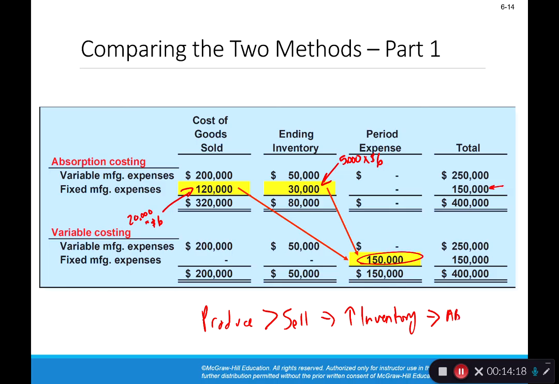So when this happens, absorption NOI will always be higher than variable NOI. Whenever production is greater than sales, inventory goes up, which means some of the fixed overhead gets stuck in the inventory and therefore is an asset, not an expense. And that's why absorption NOI would be greater than variable. We'll see in a little bit that when production is less than sales, the opposite holds true.